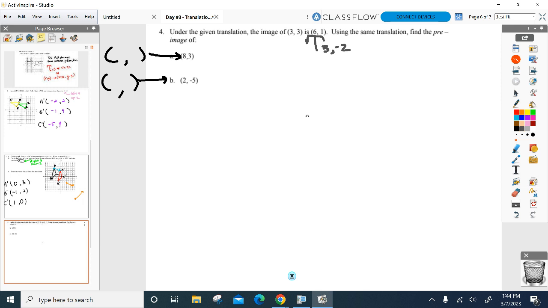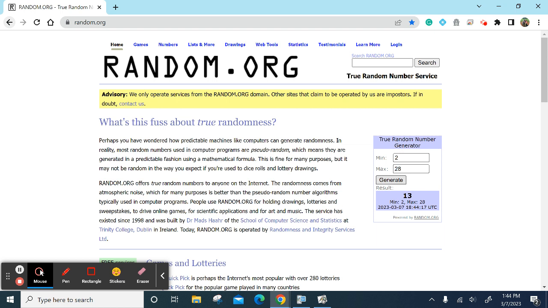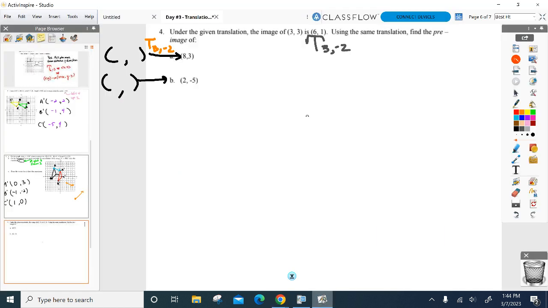So where must I have started? And then I would have gone right 3, down 2, and gotten to 8,3. That's what I need to know. Where'd you start then? For A, 5,5. Yep. For part A, I must have started at 5,5 to get to 8,3.